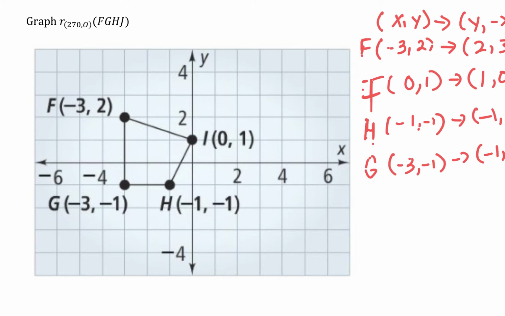And then preferably use a different color so you can see the transformation take place. So we're going to have (2, 3), (-1, 1), (2, 3). Connect the points. Go ahead and connect the points, and we have the rotation.